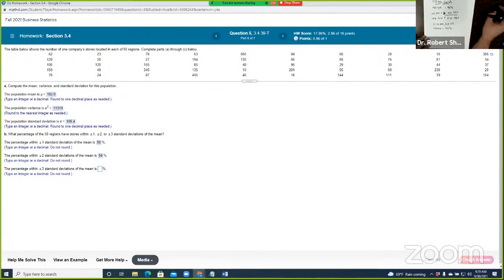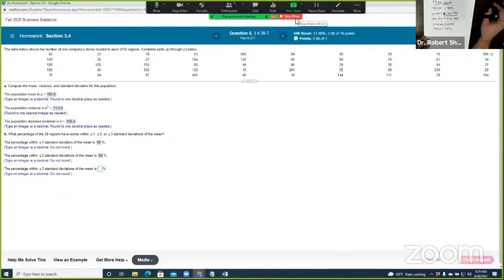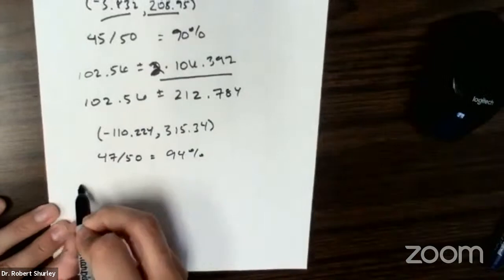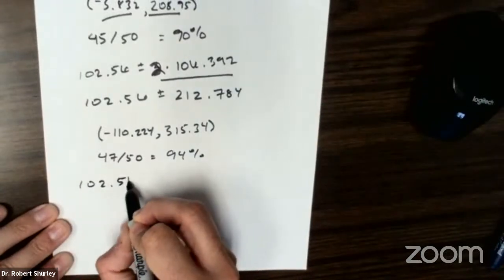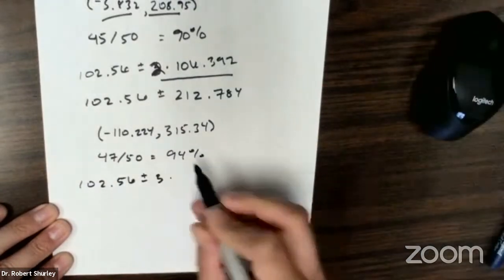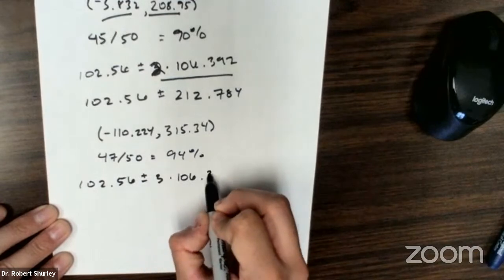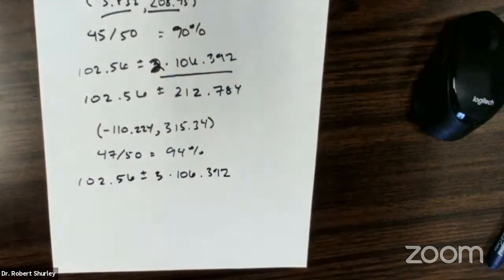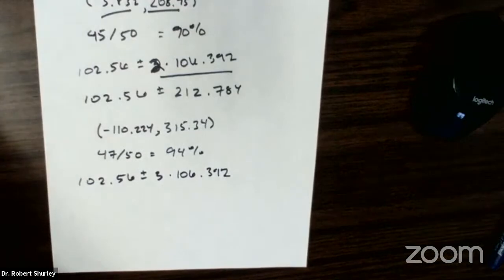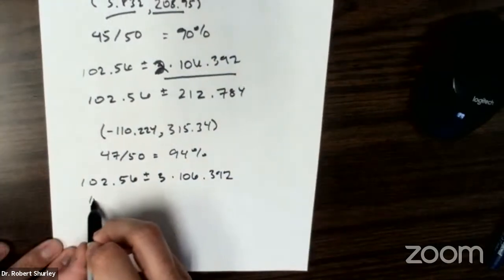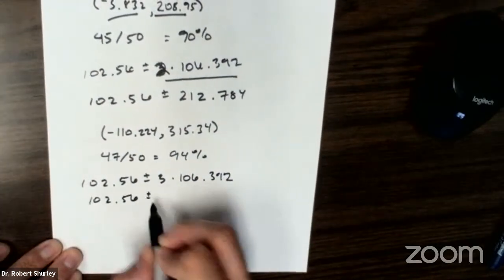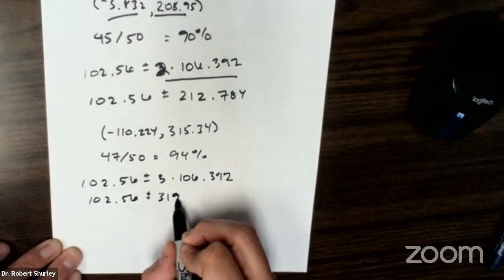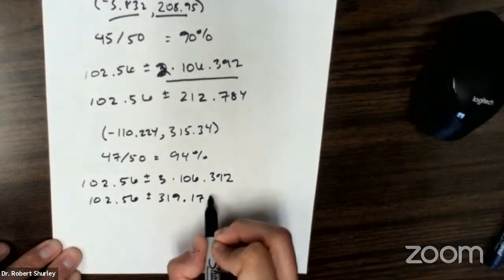So I go back. You guys see the pattern here, hopefully. Stop the share. If I do 3, it's going to be 102.56 plus or minus 3 times 106.392. So I'm going to multiply the 3 times the 106.392. So 3 times 106.392, that's going to be 319.176.